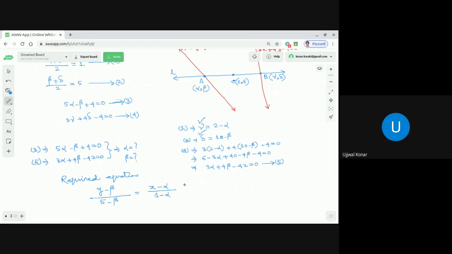That is, (y minus y1) divided by (y2 minus y1) is equal to (x minus x1) divided by (x2 minus x1). Alpha and beta you already obtained in the previous step, and you apply them and get the equation. So your task, dear students, is to find the values of alpha and beta, apply them in this equation, and share with me the equation you get.